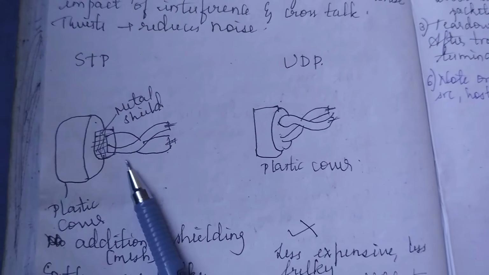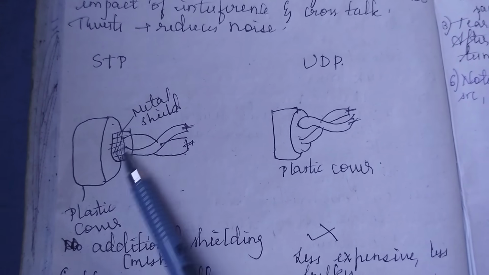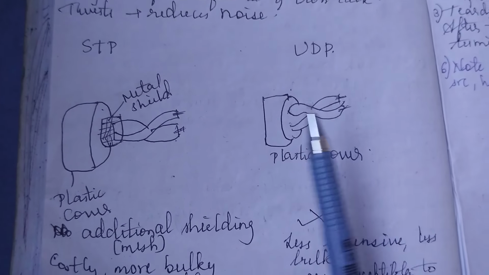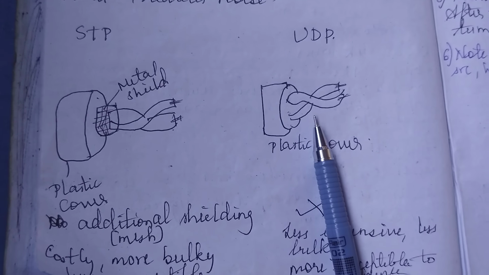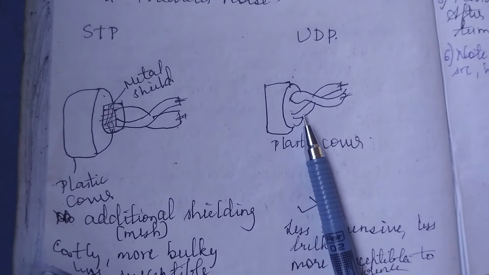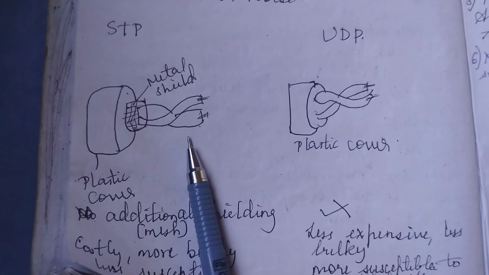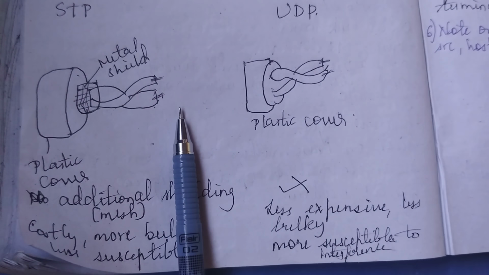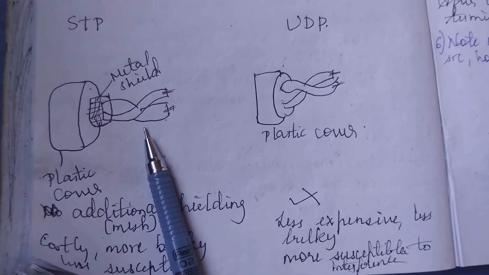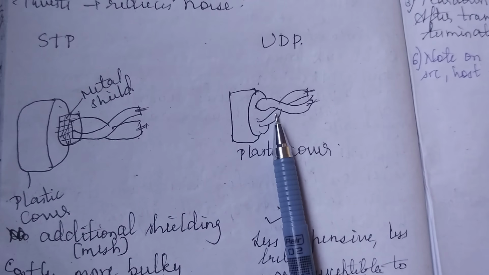Here there is additional shielding which looks like a mesh. Here there is no shielding, so obviously it will be less expensive and less bulky. Here there is shielding, so it is costly and more bulky, and this is less susceptible and this is more susceptible.